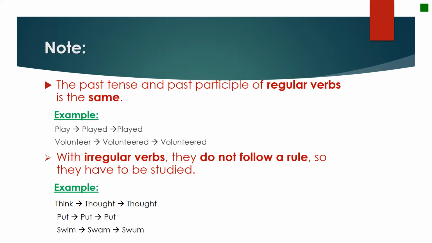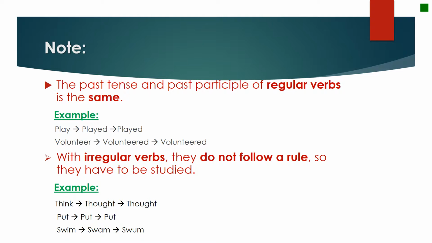The past tense and the past participle of regular verbs is the same. Example, play, infinitive or the base form, played, past simple, and played also past participle. Volunteer, volunteered, volunteered. Yet with irregular verbs, they do not follow a rule, so they have to be studied or memorized.